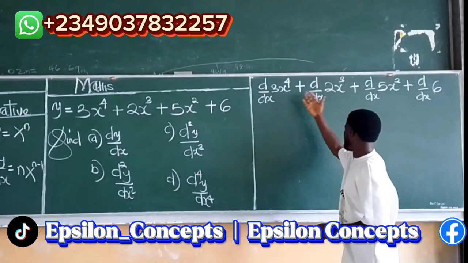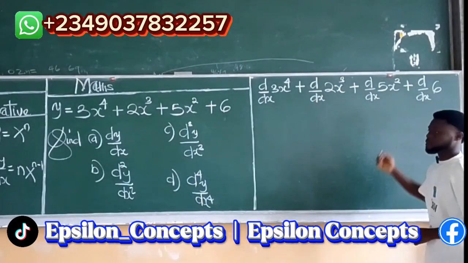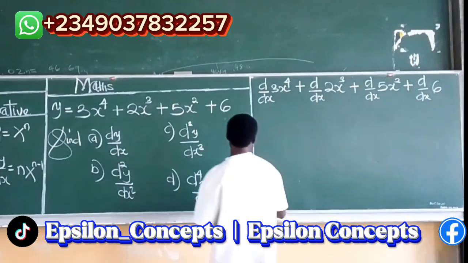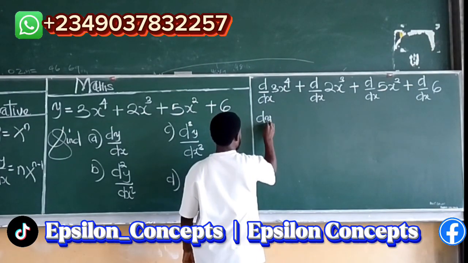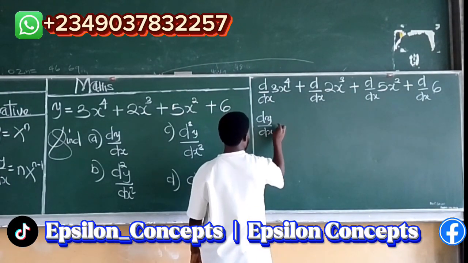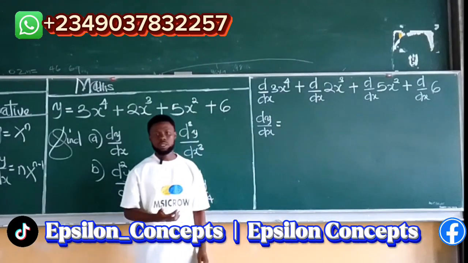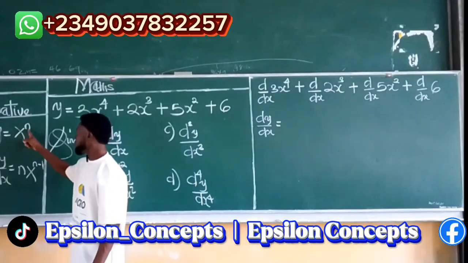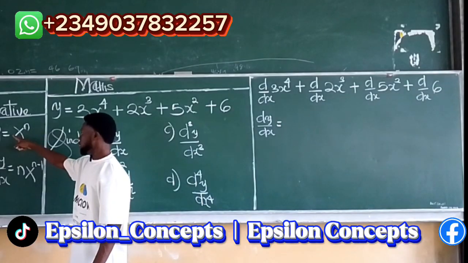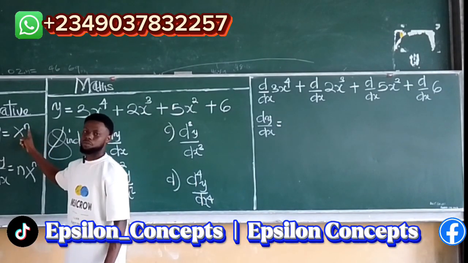So the result becomes dy over dx will equal to, now remember that the concept is that you multiply the power by this, then subtract 1 from the power.